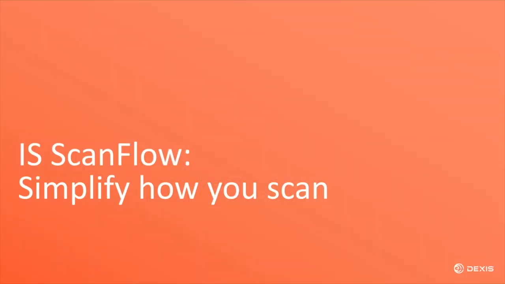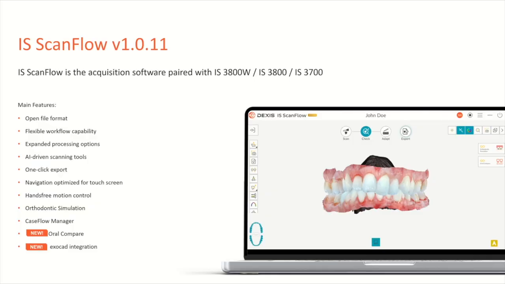Now, before we go to the scanning session, let's quickly introduce IS ScanFlow, our acquisition software. Currently we are on version 1.0.11, but we introduce a new version at least once per year, sometimes more often. So you can always expect that in each new version there will be some improvements and new functions added.